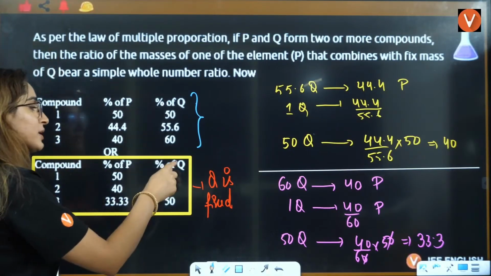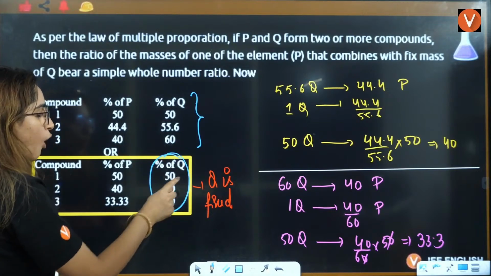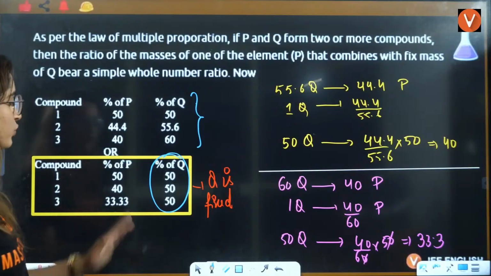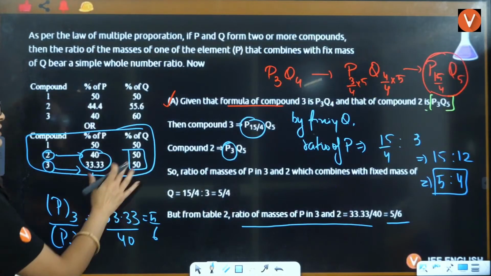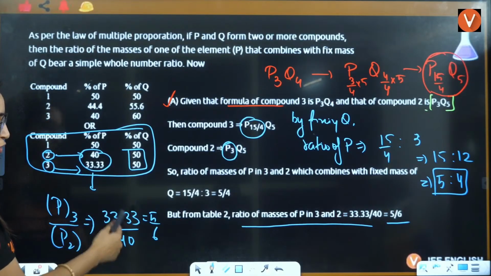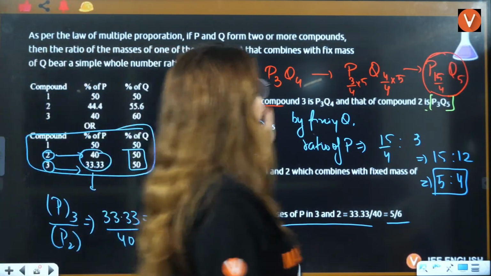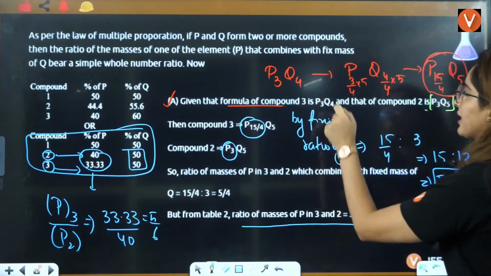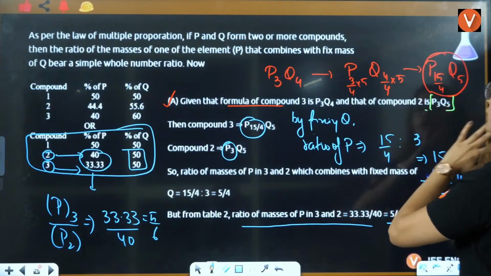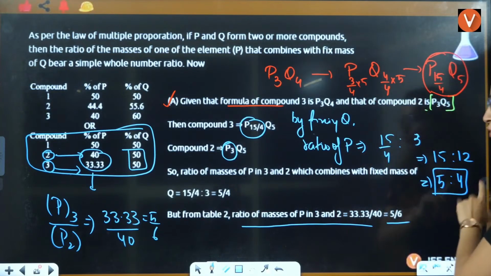So from the data also, I fix the value of Q. When I fix the value of Q, in the table the ratio of P3 and P2 is going to be 5 by 6. But in the formula given in the statement, this has P3Q4, this has P3Q5, then the ratio is coming out to be 5 by 4.